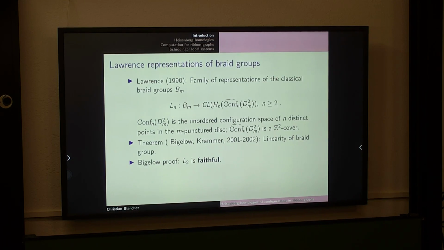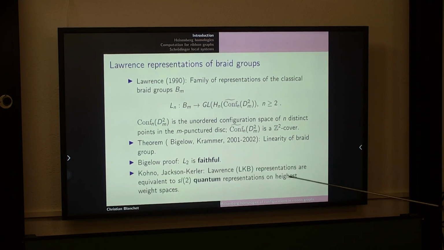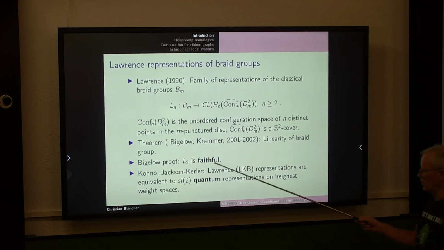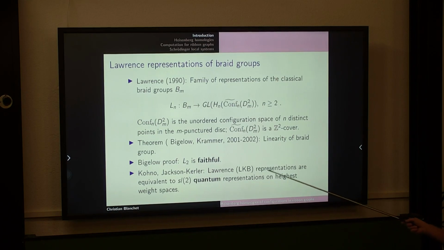And the challenge, so this is for homological construction, and this is connected with quantum, indeed, from work of Kohno and Jackson-Kerler: these Lawrence representations are equivalent to SL2 quantum representation restricted to highest weight spaces. So this is quantum.